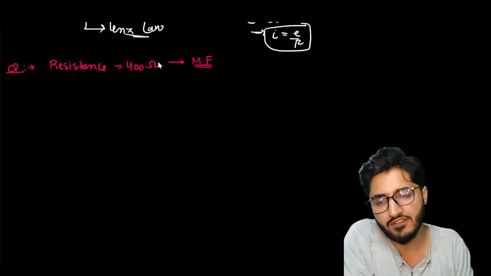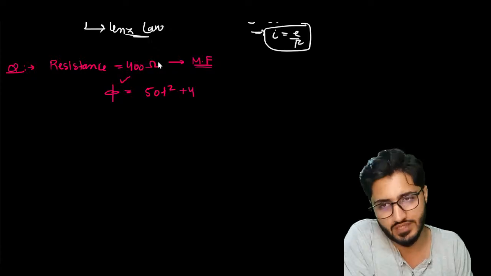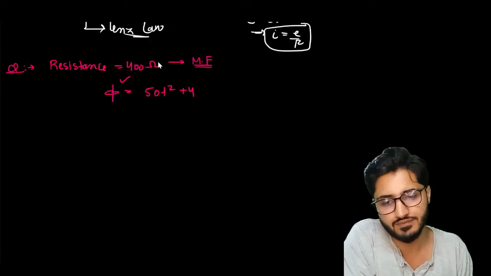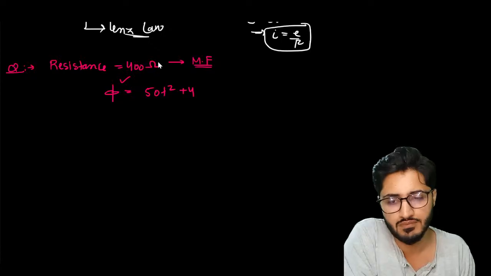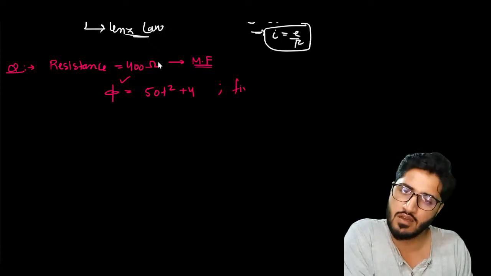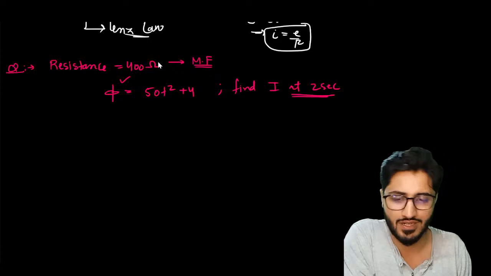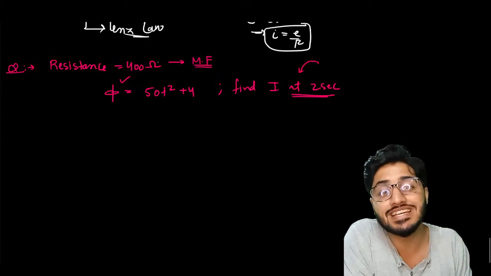Let us suppose my flux is time dependent, it is not constant, it is changing with time. Clear? So what we need to find is the current at 2 seconds. Look now, at 2 seconds simply indicates instantaneous current.